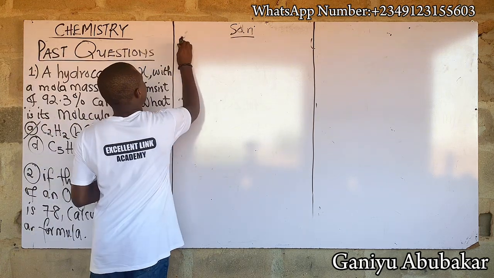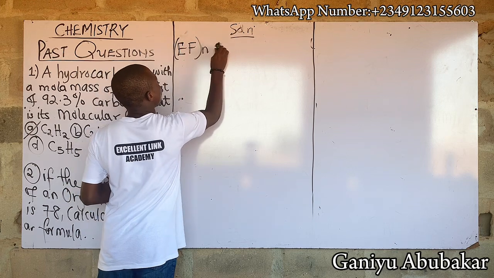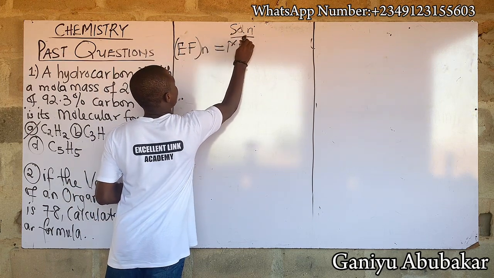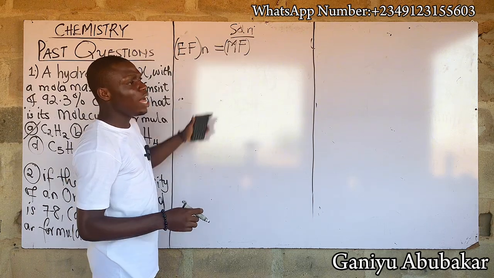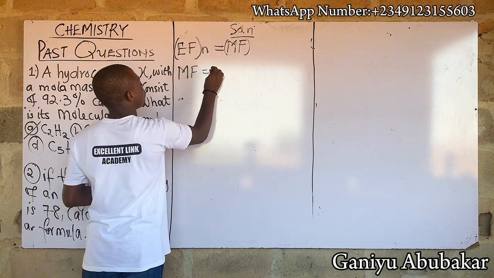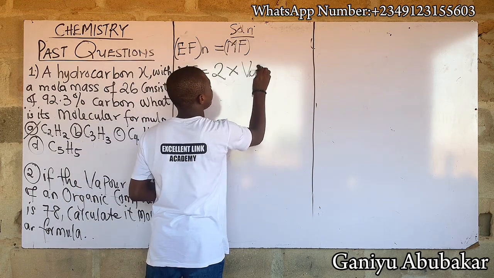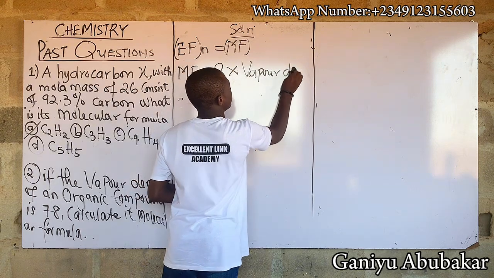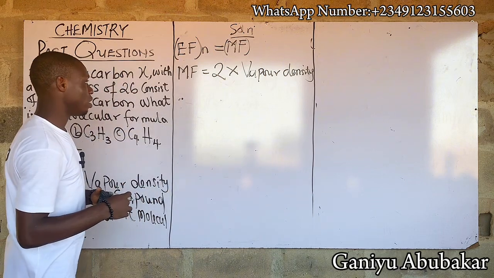We said empirical formula times n equal to molecular formula. I can get molecular formula using this. I can also get molecular formula by multiplying 2 by vapor density. This is another formula for calculating molecular formula.